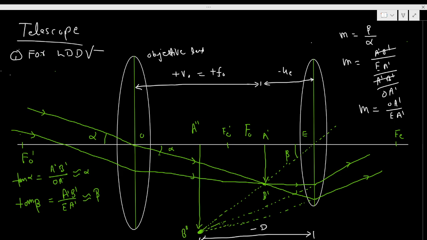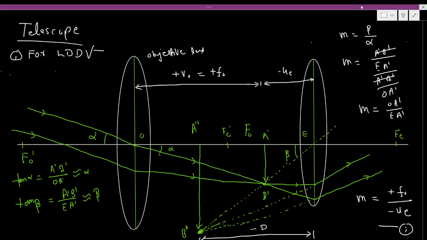And now we can put these values in the equation. So we got OA, that is plus FO, divided by minus UE. This is called equation number 1. And now you can solve the eye lens. Keep in mind this is called the eye lens because we observe from here, this is the location of the eye. So we observe the image from this point.